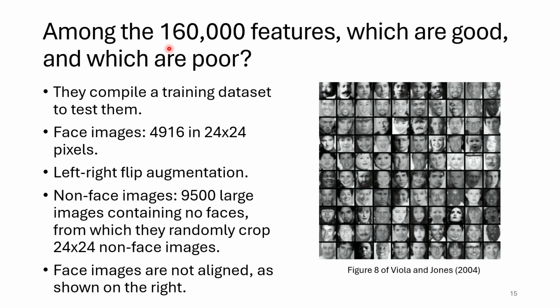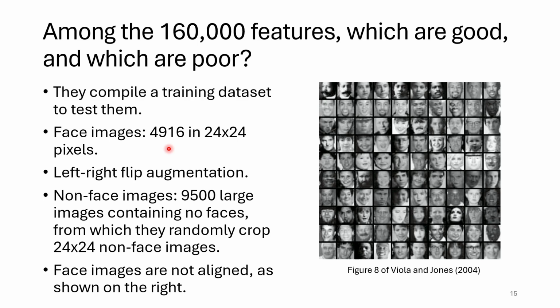So they need to compile a data set. They collect 4,900 images, all in 24 by 24 pixels. This is a sample set of their data set. Then they can do the left-right flip augmentation to extend the 4,900 positive examples to around 9,000.